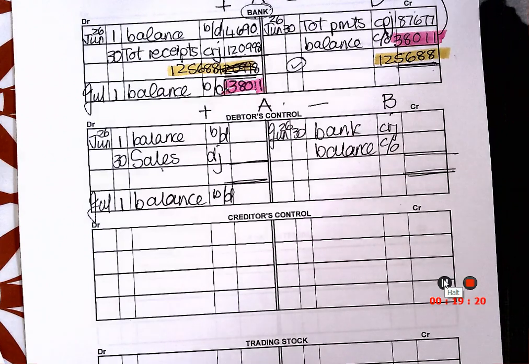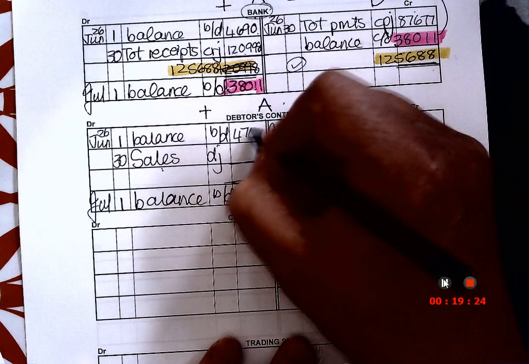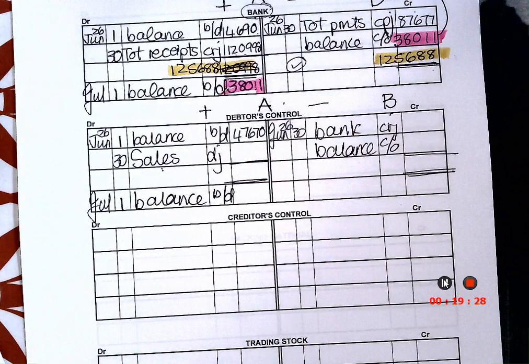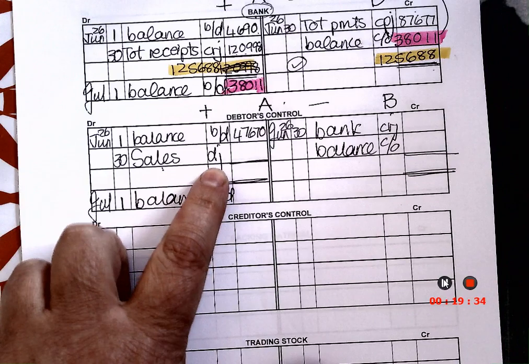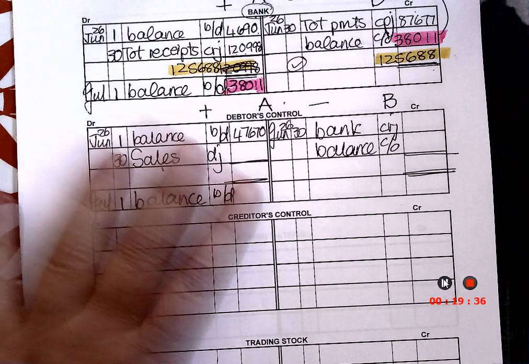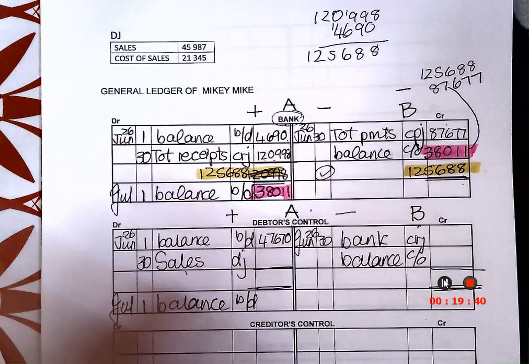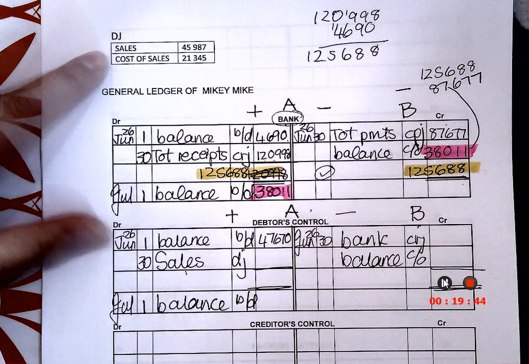Debtors is 47,670. So now, let's go to the DJ. I'm going to look at the DJ for debtors control. I don't see debtors control. So what do I look for? Sales.